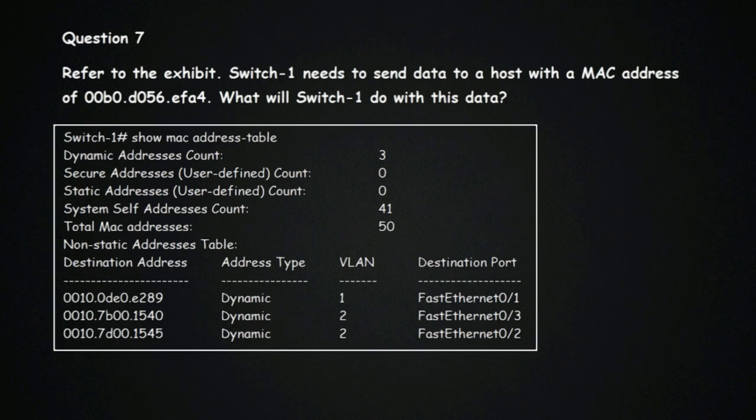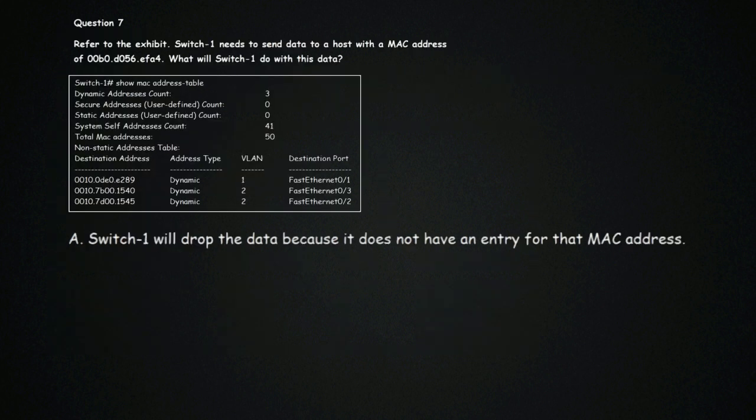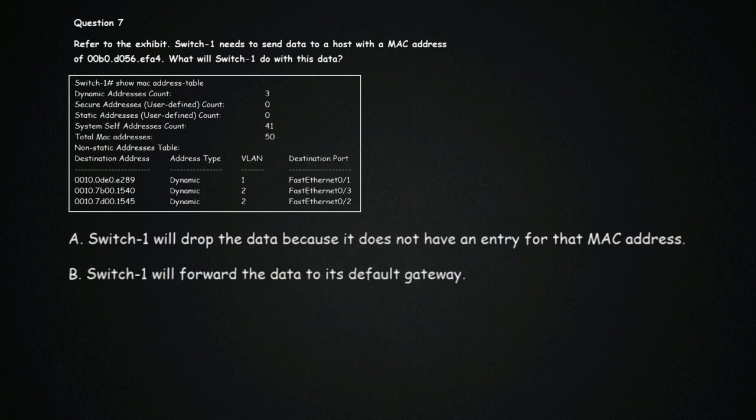Question 7. Refer to the exhibit. Switch 1 needs to send data to a host with a MAC address of 00B0.D056.EFA4. What will switch 1 do with this data? A. Switch 1 will drop the data because it does not have an entry for that MAC address. B. Switch 1 will forward the data to its default gateway.